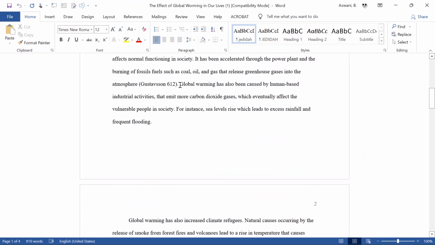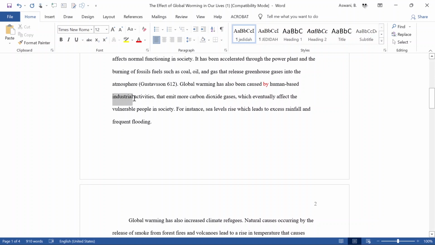So global warming, if you look at this sentence: "Global warming has also been caused by human-based industrial activities." So you can see this "by." This "by" is an indication that there's some interchanging of the subject and the object. So maybe this person should have started "Human-based industrial activities have also caused global warming." But there's no point of saying human-based industrial activities.